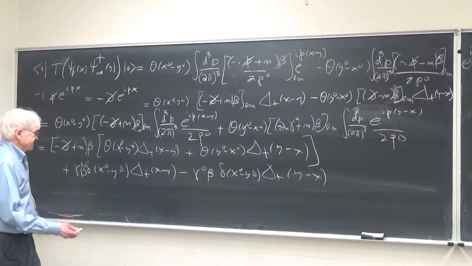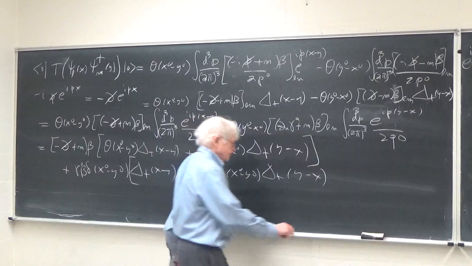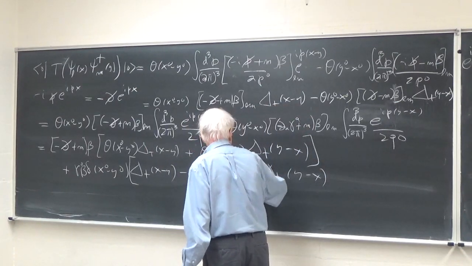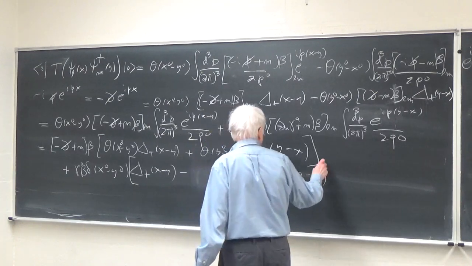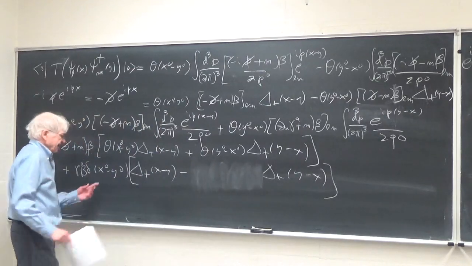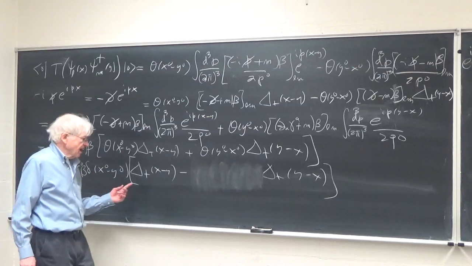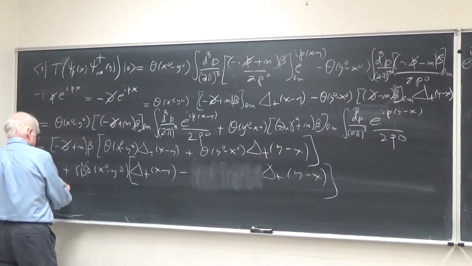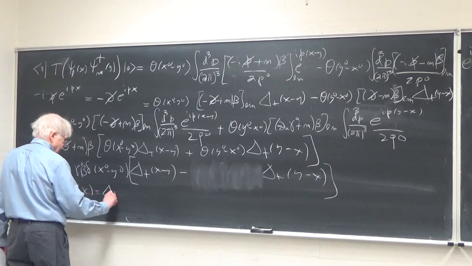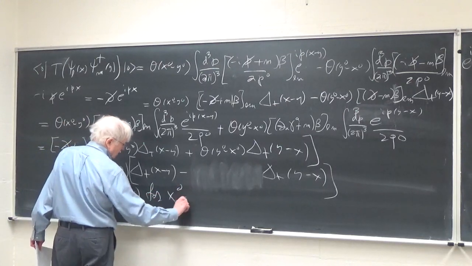But now we see that's just the same. We have a common factor. So factoring out the common factor, what we have is this, delta plus minus delta minus. But it's to be evaluated at equal times. At equal times, delta plus of x is equal to delta plus of minus x for x0 equal to 0.